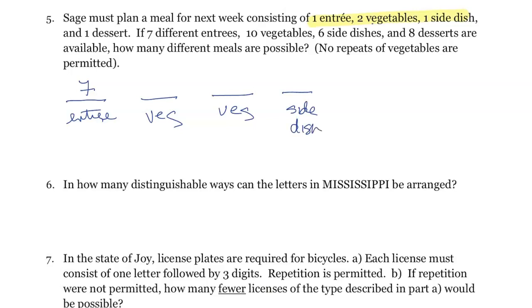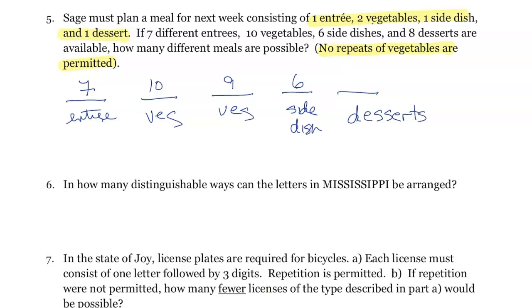And 1 dessert. If 7 different entrees, 10 vegetables. Okay, and you cannot have repeats of vegetables. So that means you have 10 for the first, but then you have 9 here. 6 side dishes, and we never want to forget the dessert, and 8 desserts.